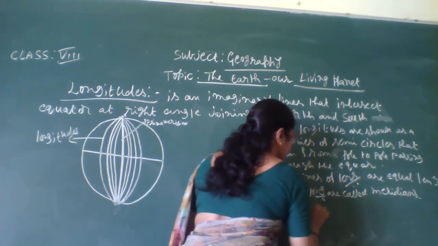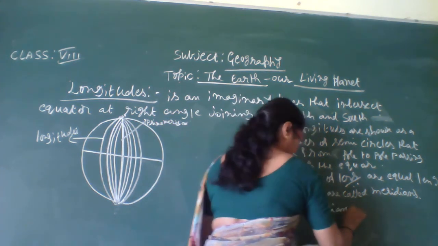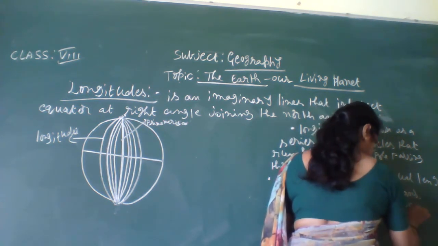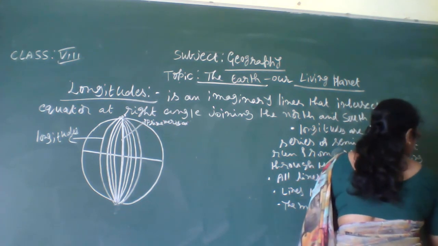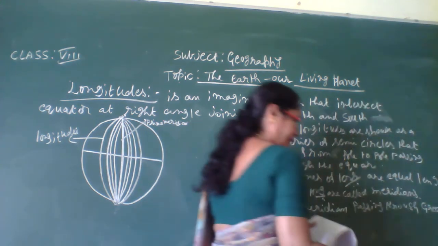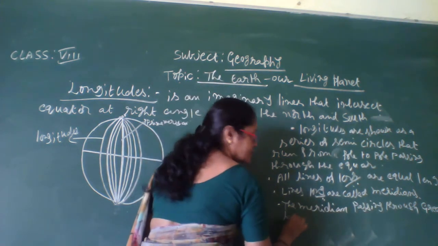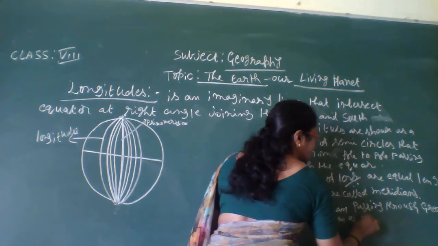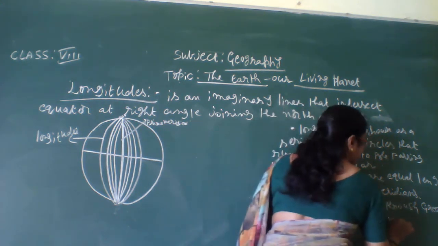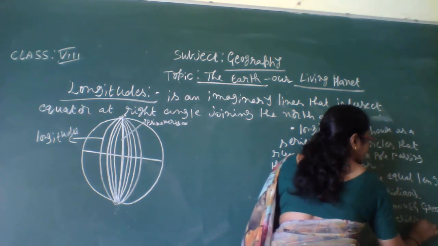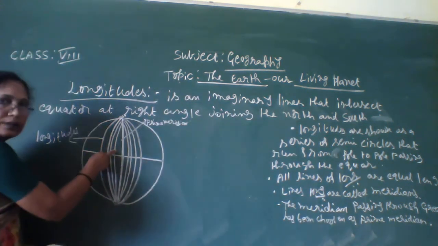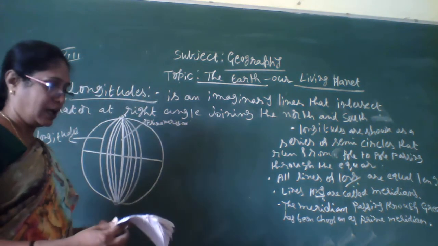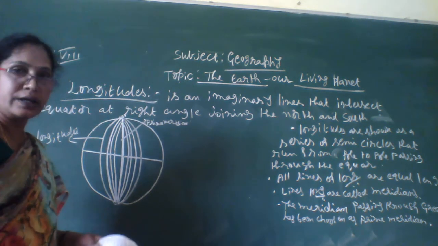The meridian passing through Greenwich has been chosen as the prime meridian. So where does this 0 degree pass? Through a place called Greenwich in London. We call this the prime meridian, marked as 0 degree longitude.